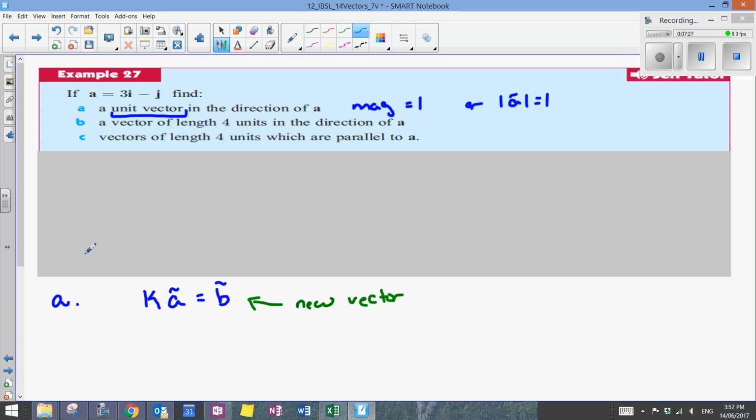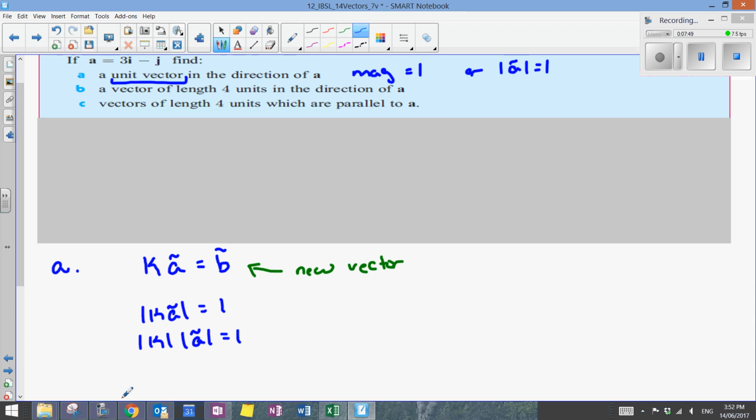So from a few classes ago, you proved that if I take the magnitude of a scalar multiplied by a vector, that is the same as the magnitude of that scalar multiplied by the magnitude of the vector. And we want to force the magnitude to equal 1 in this problem. So let's go ahead and set up our magnitude. So magnitude of k, we don't know what k is, so we're going to keep it magnitude of k.